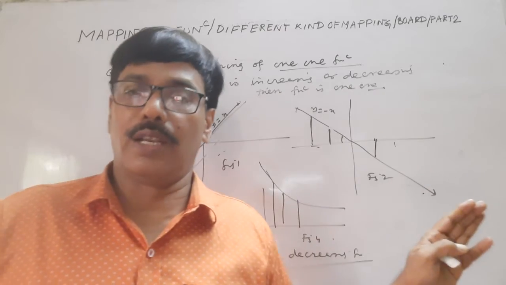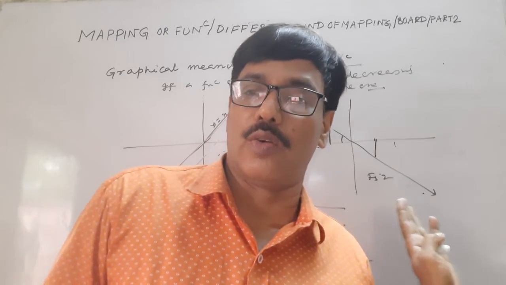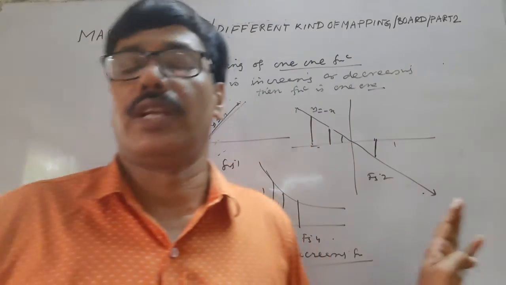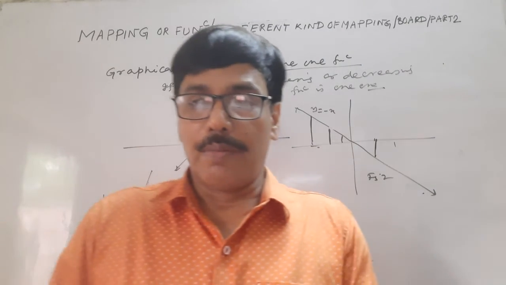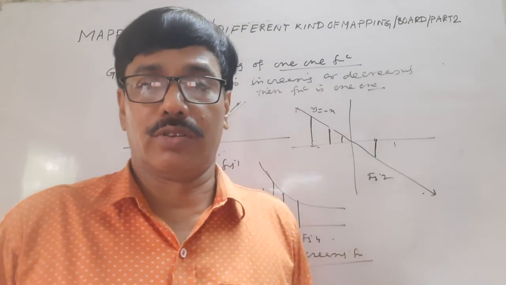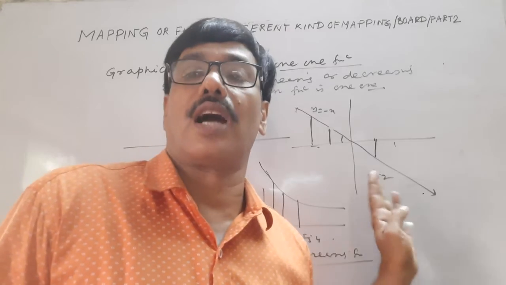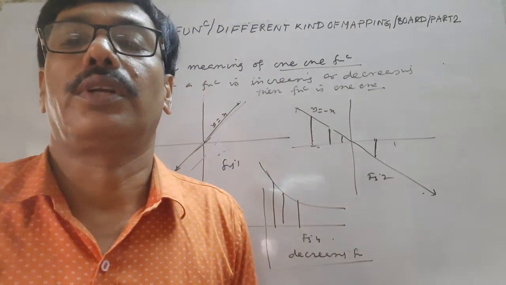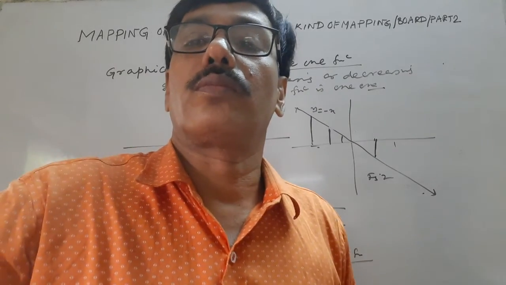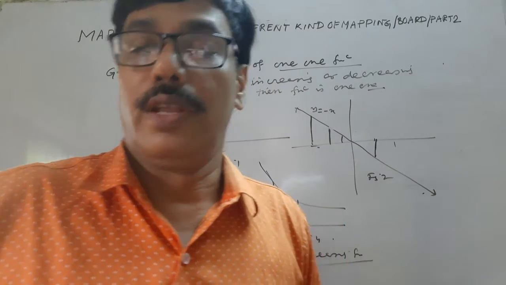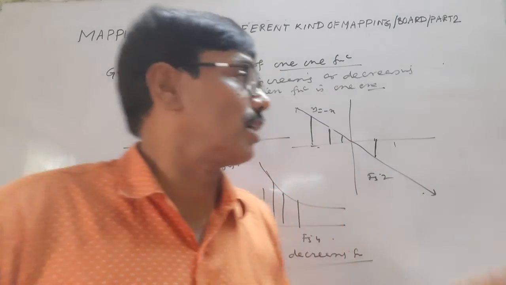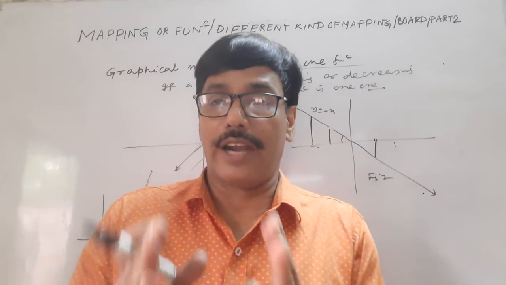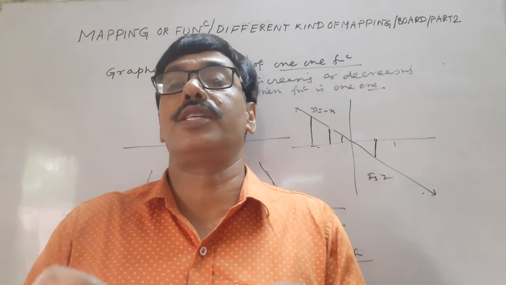So if a vertical line cuts the graph of a function at only 1 point, then it is a function.